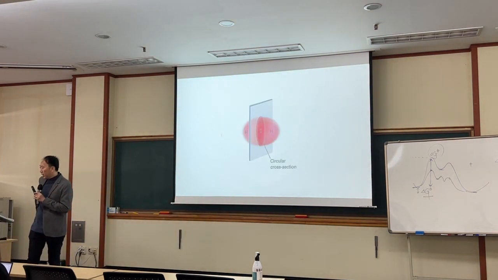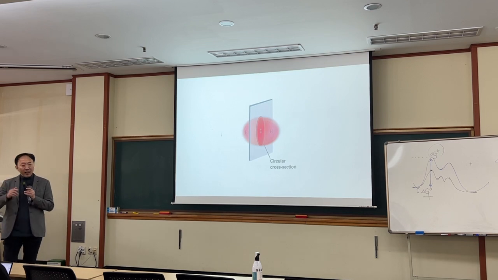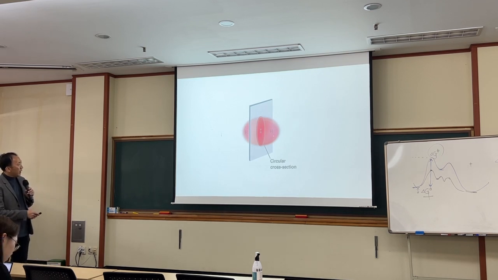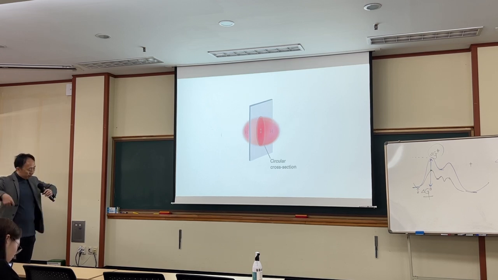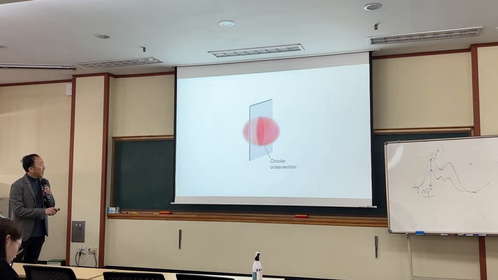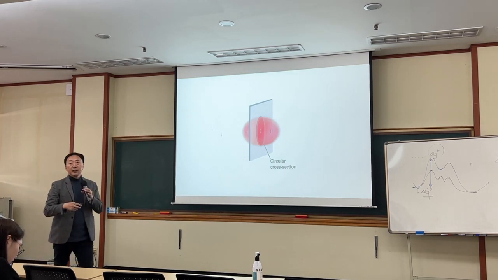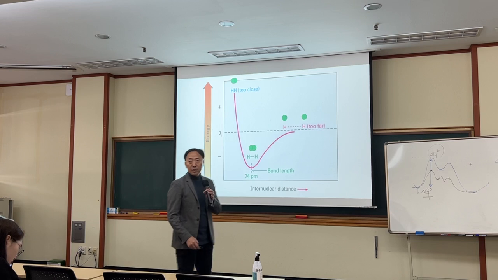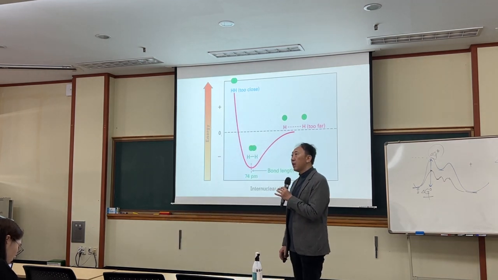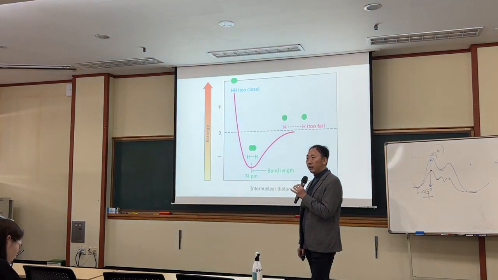Simply we draw it as a single line, but actually it is more like electrons surrounding two nuclei together, and this electron holding effect makes these two nuclei come together. So this is the nature of the chemical bond.